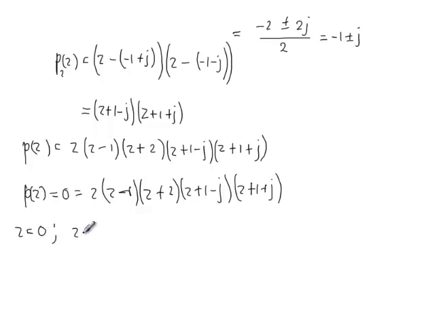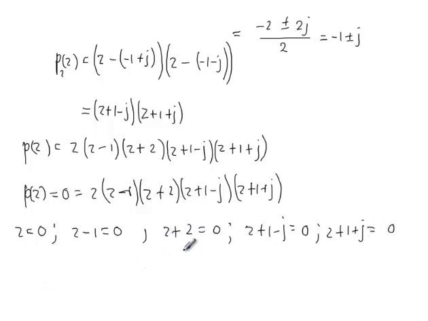or Z minus 1 equals 0, or Z plus 2 equals 0, Z plus 1 minus J equals 0, Z plus 1 plus J equals 0.